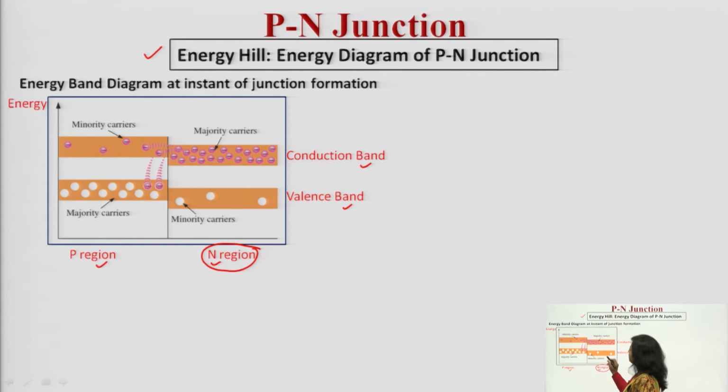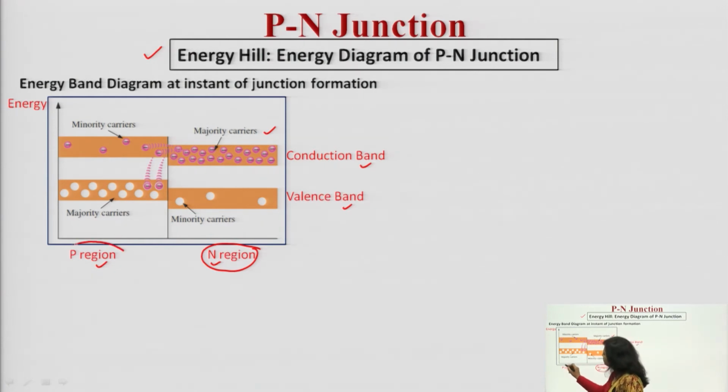Now, you can see this is the situation when the junction is being formed, meaning when the two different semiconductor materials have been joined. In case of N type semiconductors, the majority charge carriers are electrons, and here the conduction band is filled with majority carriers, which are electrons, and there are few holes in the minority in the valence band.